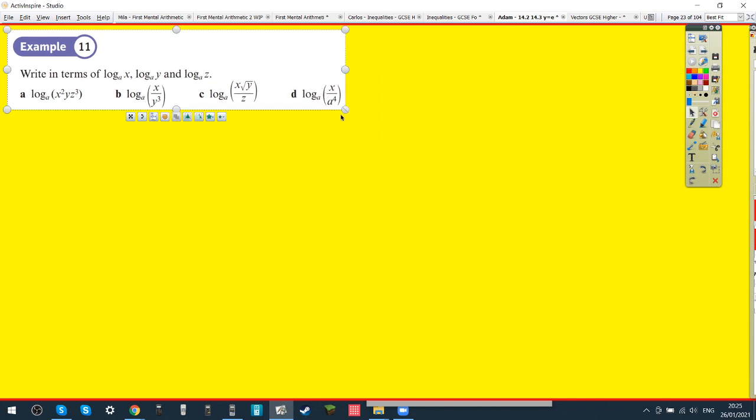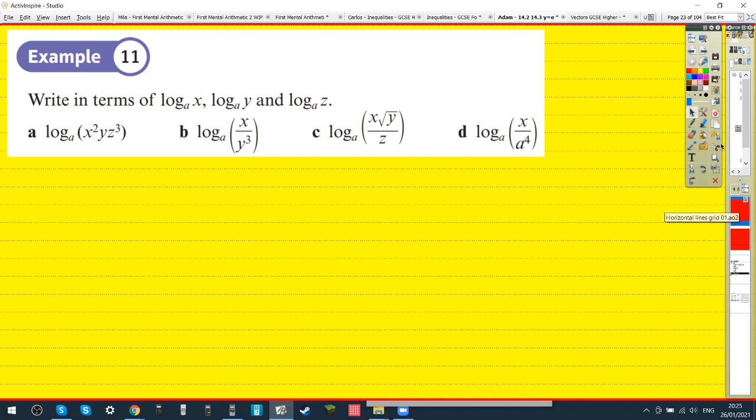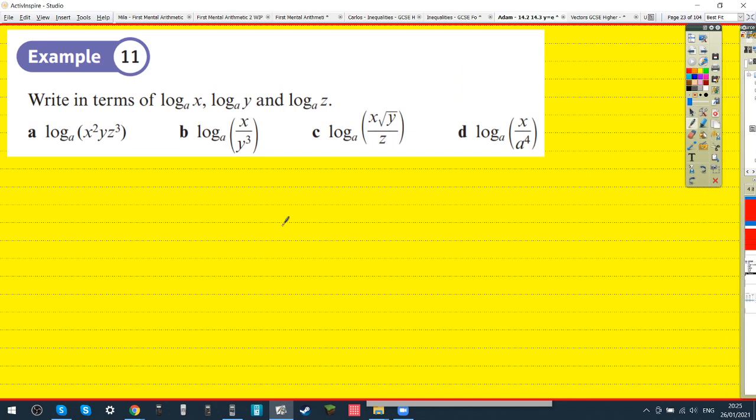Okay, let's try these. This is now working in reverse.